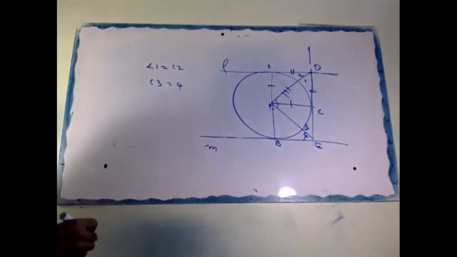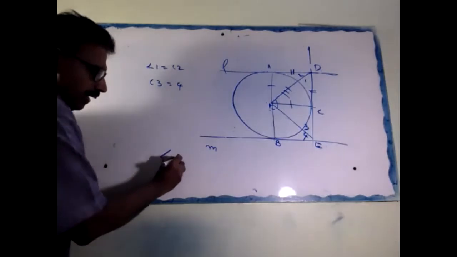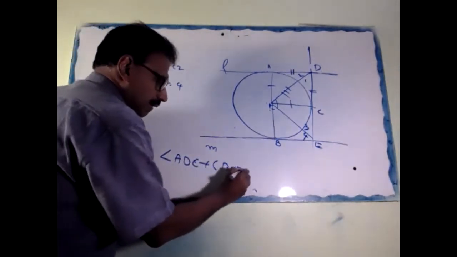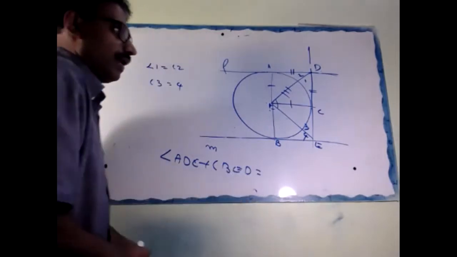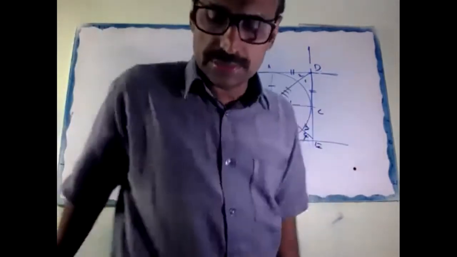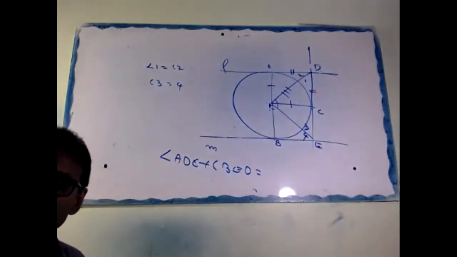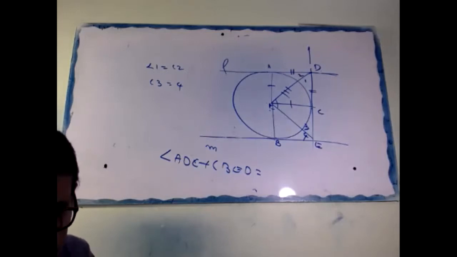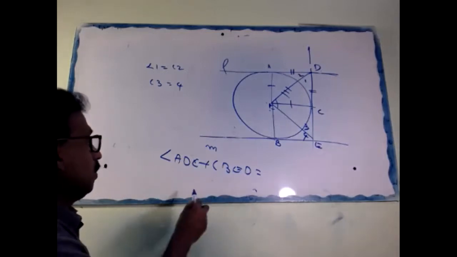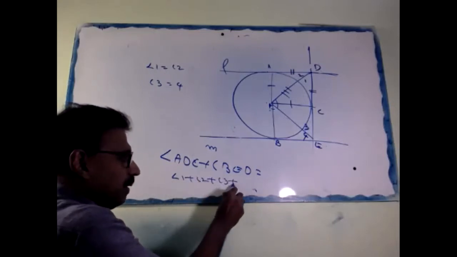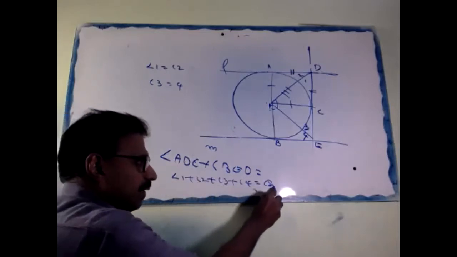And we know that angle ADE plus angle BED equals how much? 180 degrees. Why? Co-interior angles, because the lines are parallel. So angle 1 plus angle 2 plus angle 3 plus angle 4 equals 180.